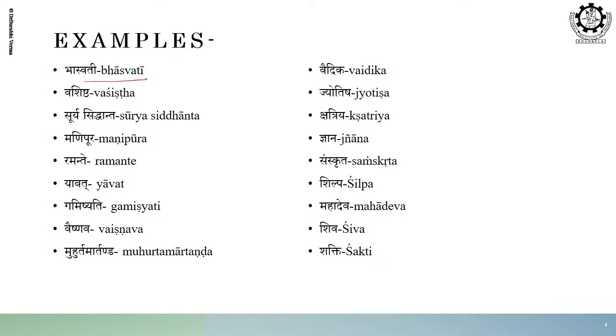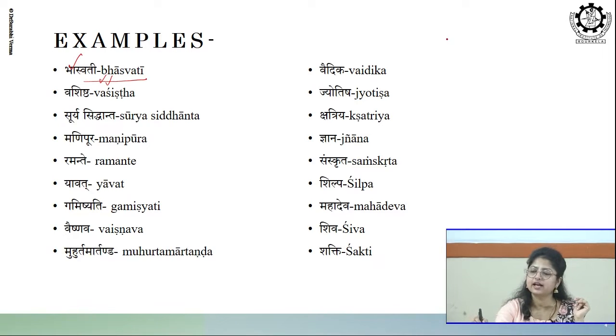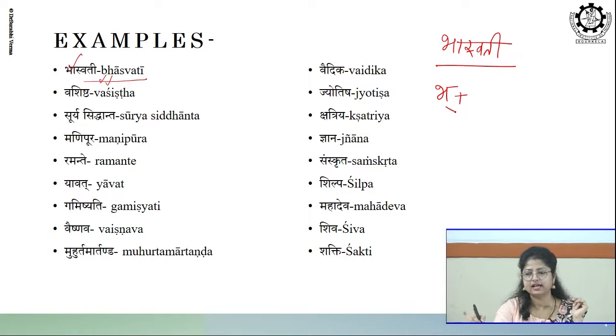So, for Bha we have BH. If you want to transliterate Bhaswati, first of all you split that particular word into its sounds: Bhakara, then Akara, then Sa, then Va, Halant, then Akara, then Ta, Halant, and the last one is Ikara.